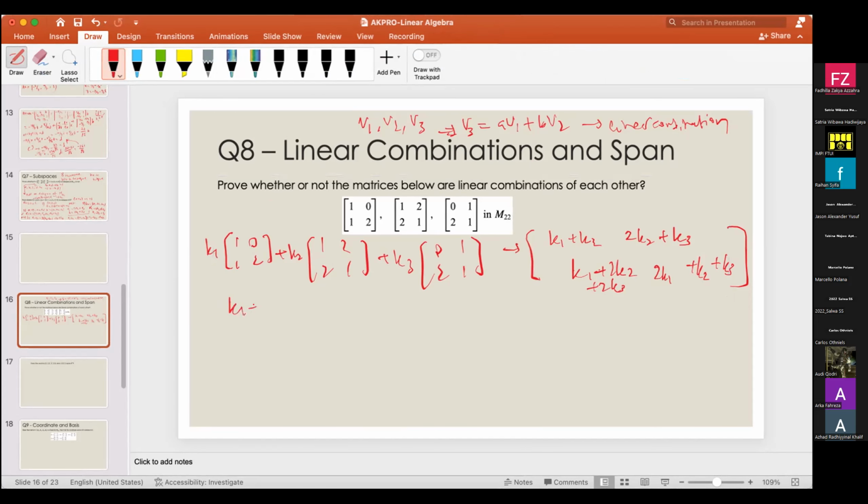So K1 plus K2 equals 0. 2K2 plus K3 equals 0. K1 plus 2K2 plus 2K3 equals 0. 2K1 plus K2 plus K3 equals 0. Now let's convert this into the matrix, which is 1, 1, 0, 0, 2, 1, 1, 2, 2, and 2, 1, 1, 0, 0, 0, 0.